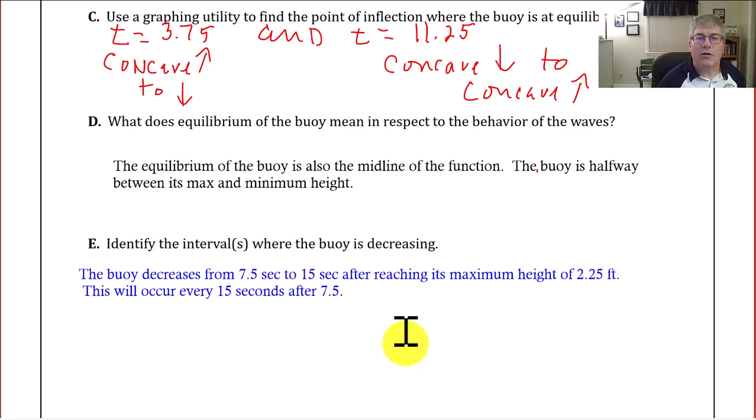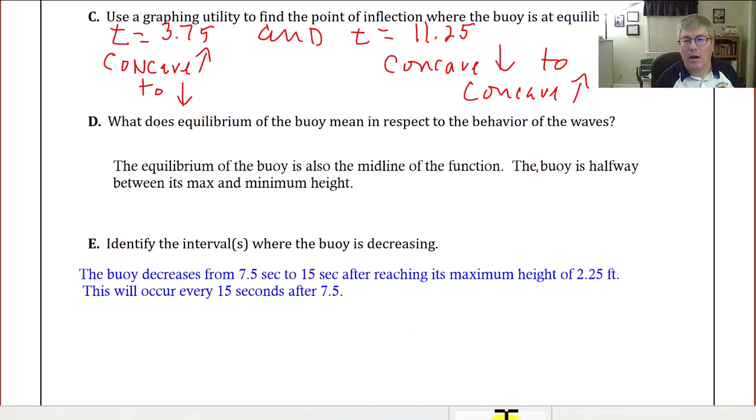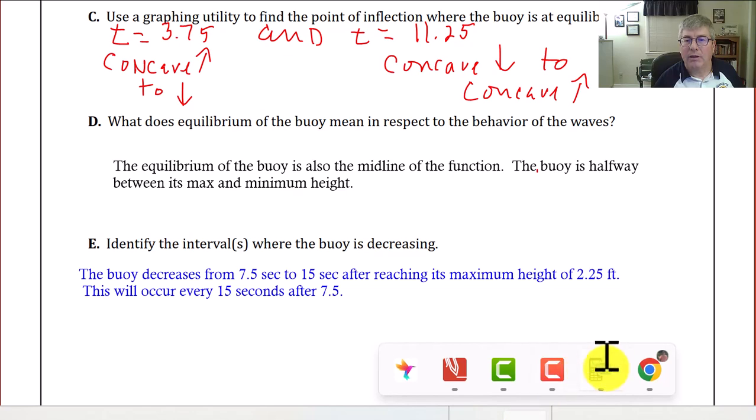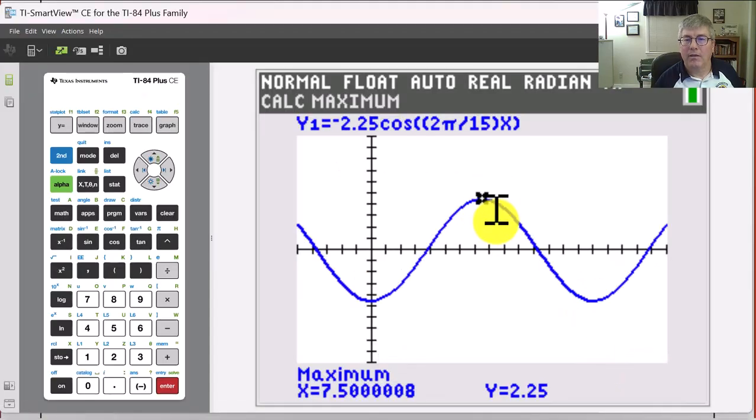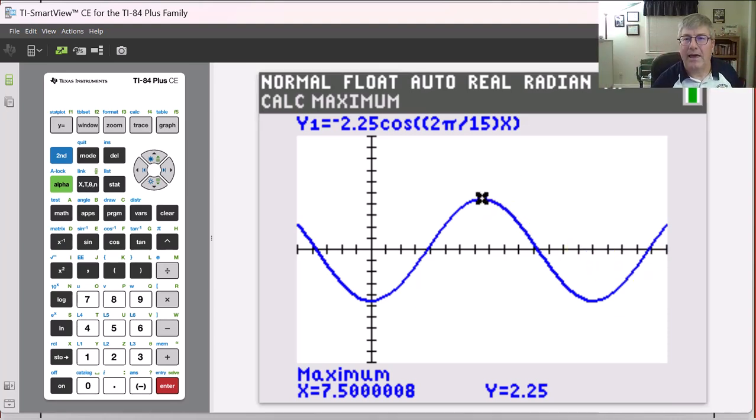And this was going to occur every 15 seconds after 5 seconds. We'll reach that maximum height repeatedly as we continue through this cycle. And if we extended our graph, we'd clearly see that.